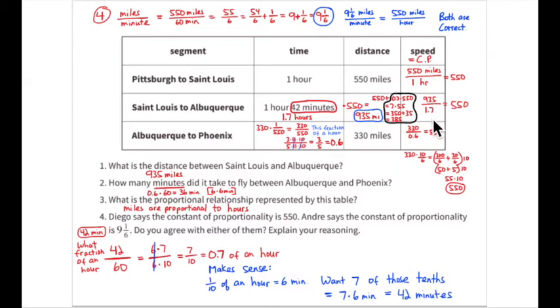So when you divide by 1 7/10, you're going to make this value smaller, and that is reduced down to 550 miles per 1 hour. All right, so now they say, well, what if you've traveled 330 miles? How long does it take to travel that 330 miles given this speed? So now you're going to multiply by the reciprocal of 550. So now you're going to go the other way.